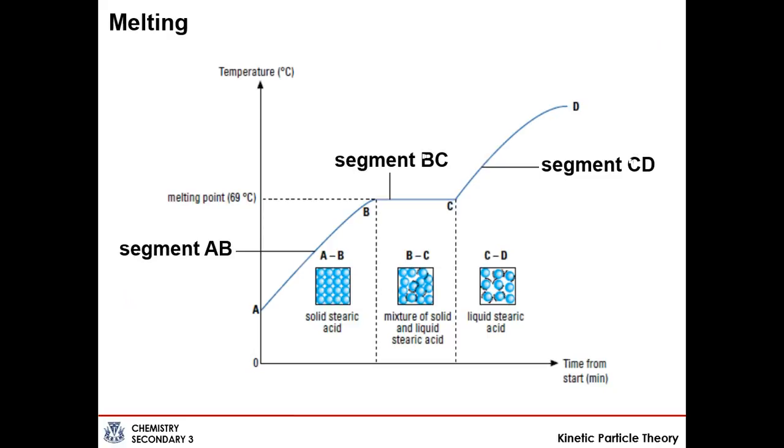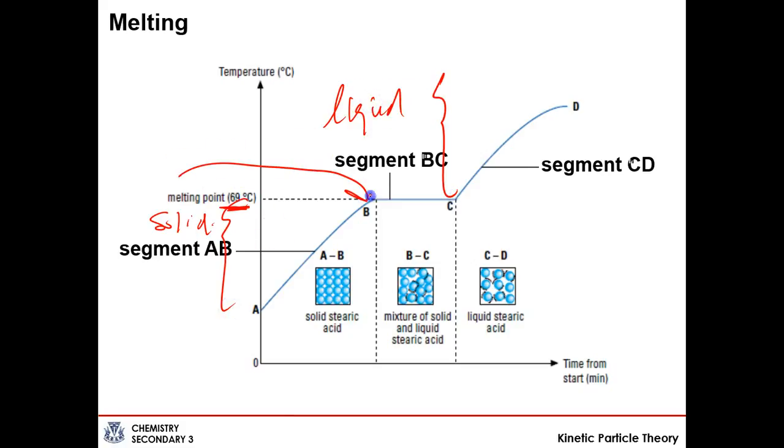So let's try melting first. This is a melting curve of a substance. It melts at 69 degrees Celsius. When it melts, this would be the solid, this would be the liquid section. And over here, this is the melting phase. Before 69 degrees Celsius, it is in the solid state.